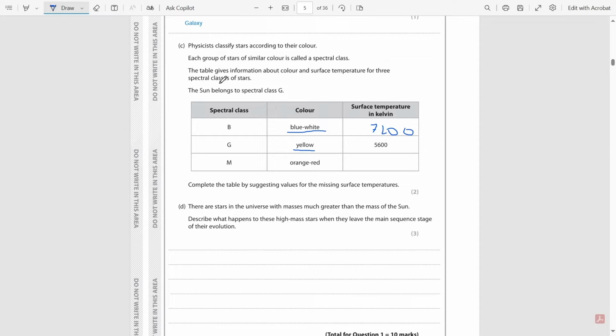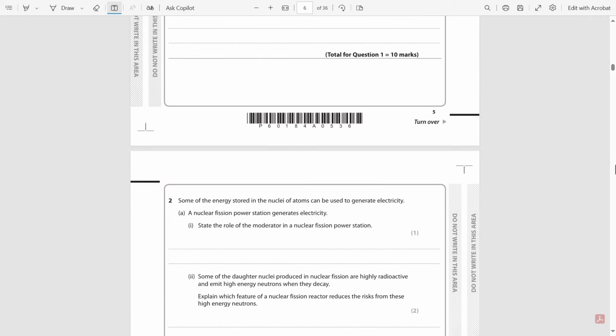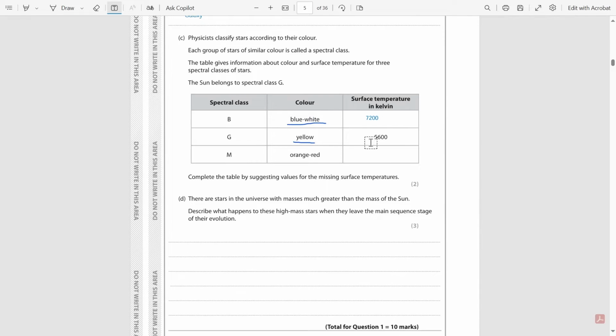Now the examiner doesn't mind what you put as long as it's greater than 5,600. You could put 5,601 and you'd get it right. It's pretty crazy. Or maybe if the examiner is having a bad day, they won't mark yours correct, so I wouldn't risk it.